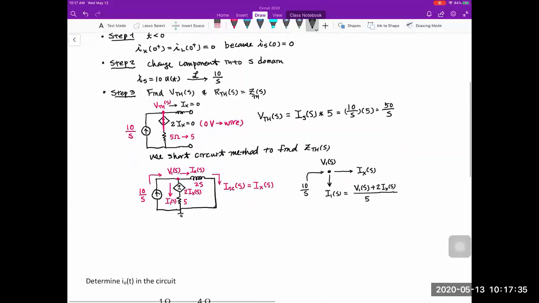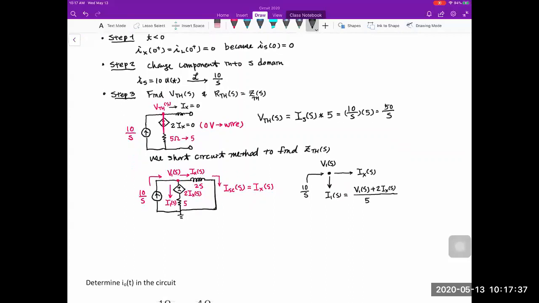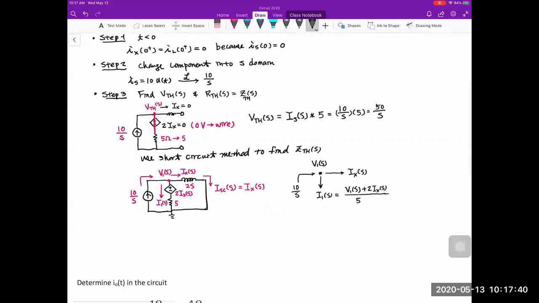So now I have all these currents. I can write down my equation, right? My equation will simply be 10 over S, which is the current going in, equal to the current going out, where the current going out is I sub x plus V1 over 5 plus 2 over 5, which will give me 0.4 I sub x.